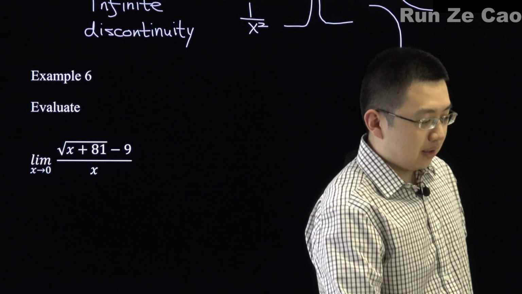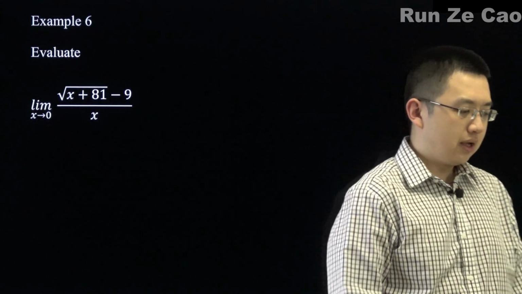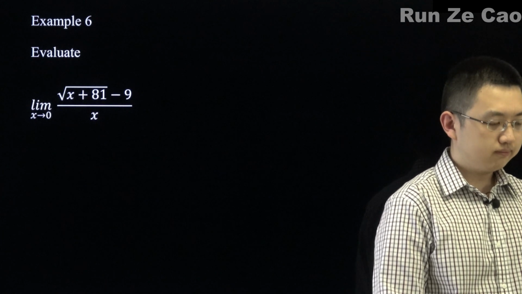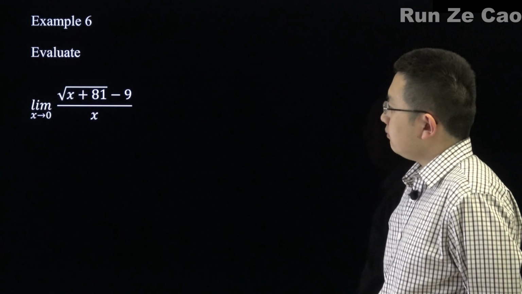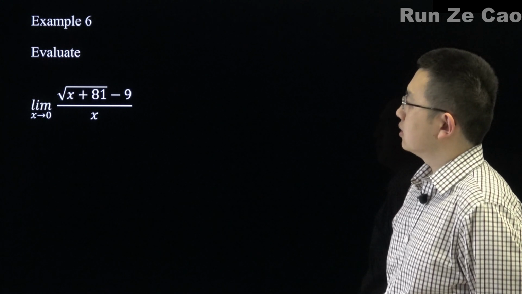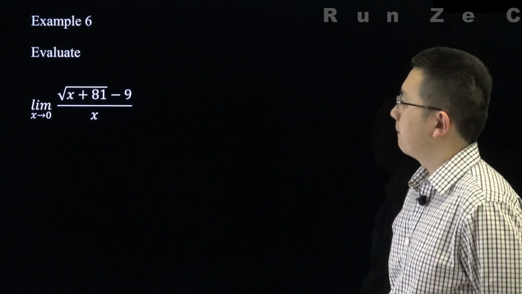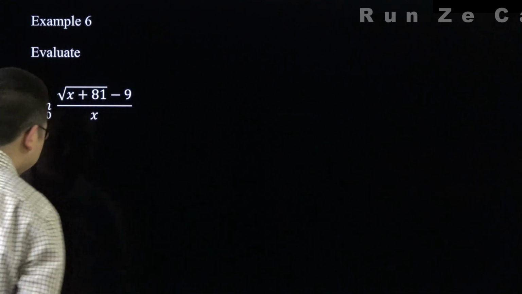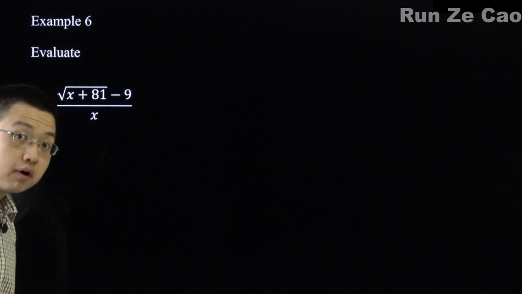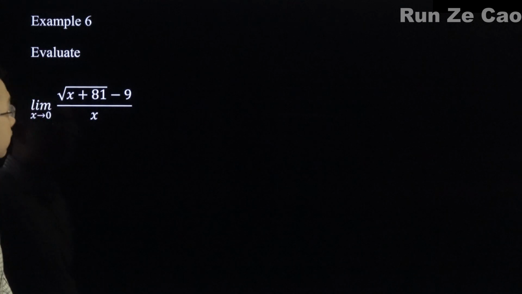Okay. Here we have another example. Evaluate this. What can we do here? Okay, we end up with 0 on top and 0 on the bottom. That's going to be a problem. So what can we do instead?